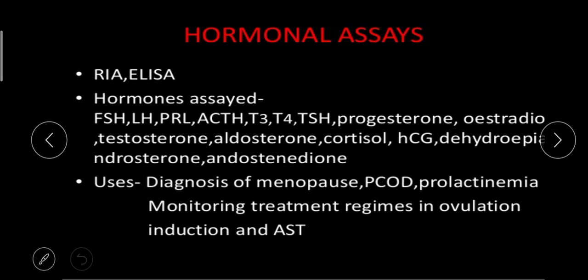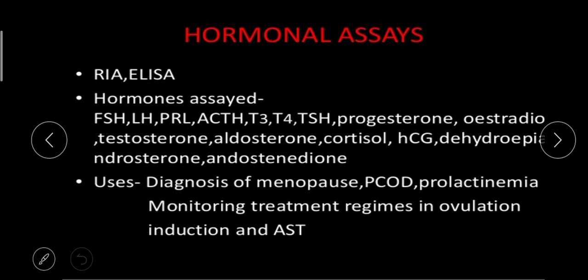Our next investigation is hormonal assay. Hormonal assay means to know the condition of the metabolic process of hormones or to know any imbalance in the hormone process. In that they are going to look at RIA, that is radioimmunoassay, or ELISA, the full form of which is enzyme-linked immunosorbent assay, or they are going to look at FSH, follicle stimulating hormone, LH, luteinizing hormone, prolactin, or ACTH, adrenocorticotropic hormone.